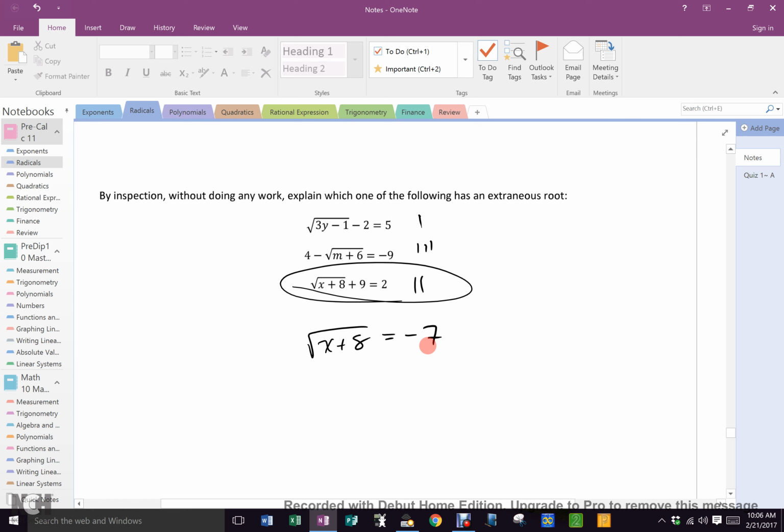In this one, because this comes over here, I'd have negative root m plus 6 equals negative 14, yeah? Isolate the radical, divide by negative 1. M plus 6 equals positive 14. That's okay. You don't have to do work, you just have to look. No, it says by inspection. Yes, look at it.